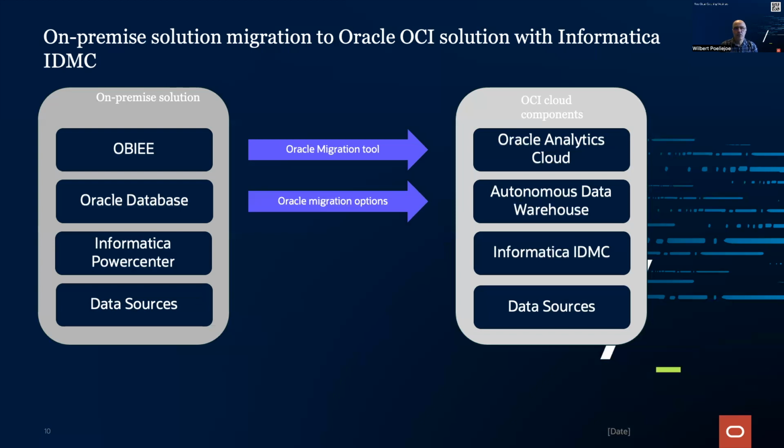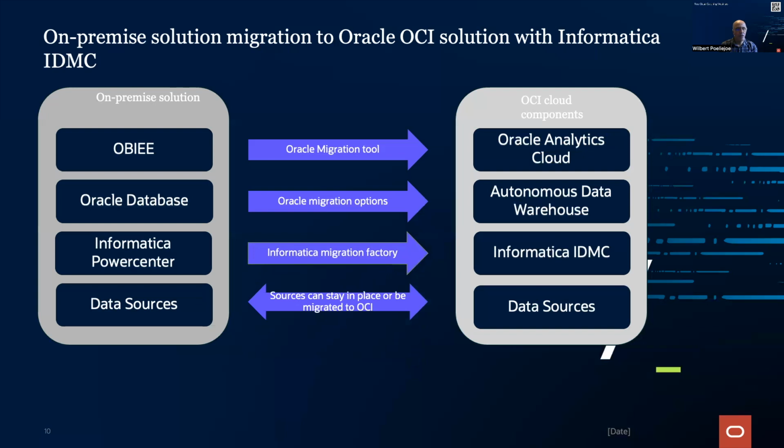For the migration of the Oracle database to the Autonomous Data Warehouse, various migration options are available and documented. For the Informatica PowerCenter to IDMC migration, Informatica has created a migration solution called Migration Factory to refactor your Informatica PowerCenter assets into the new Informatica IDMC solution.